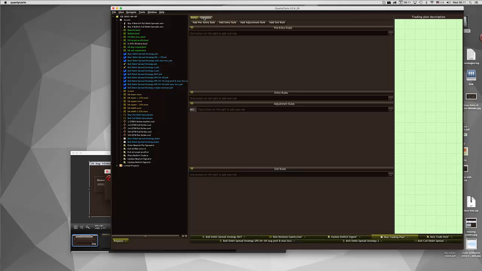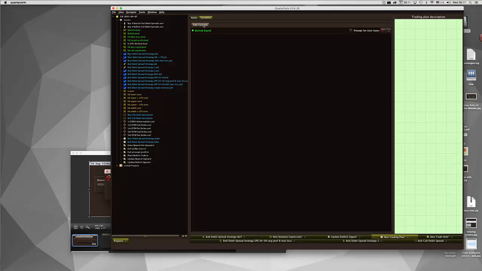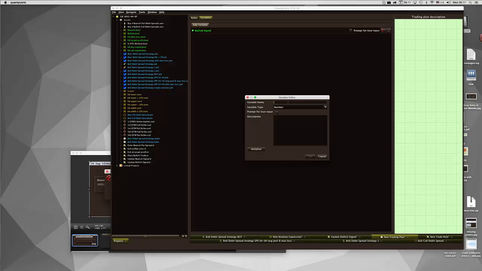It should be easier than what I'm about to describe, but what I would do is create a variable. I would call it yesterday's IV. I wonder if it's going to take the apostrophe. And this will be a number. Maybe I'll initialize it with 0.